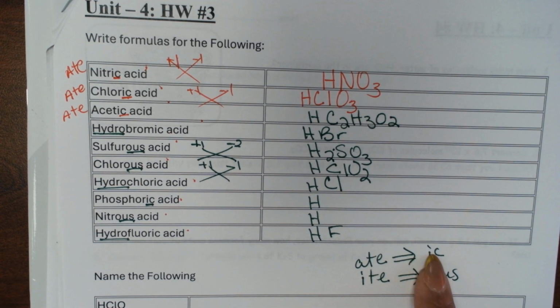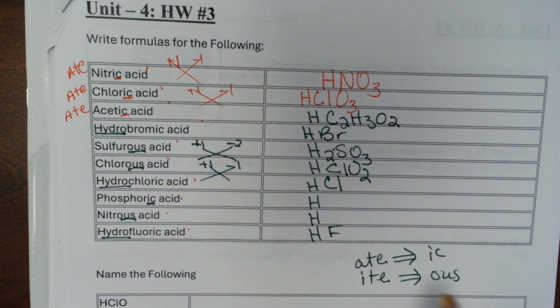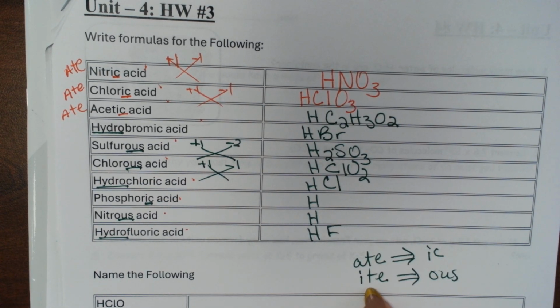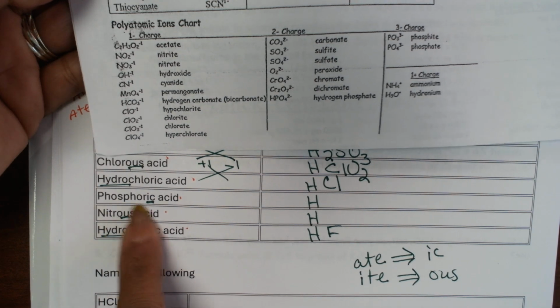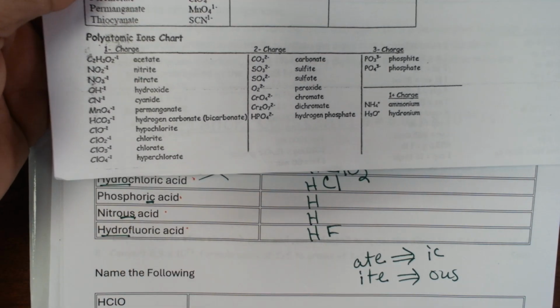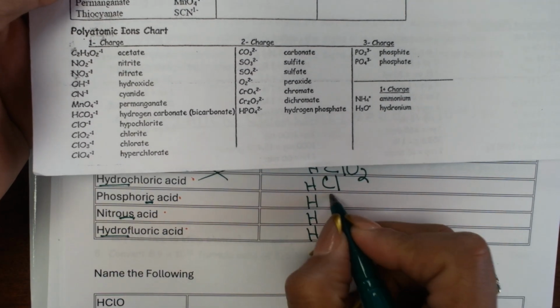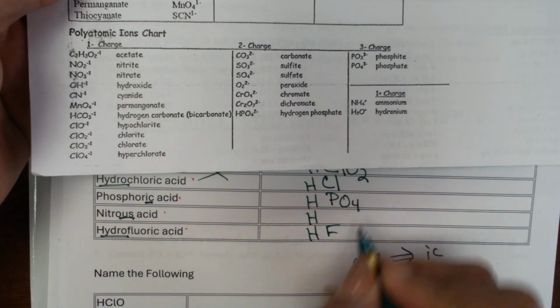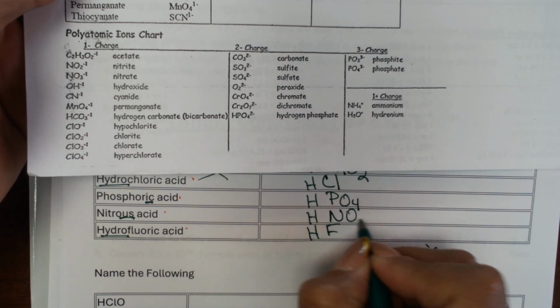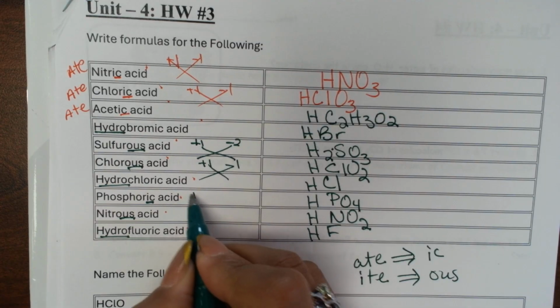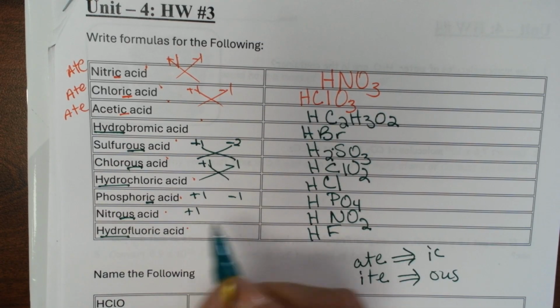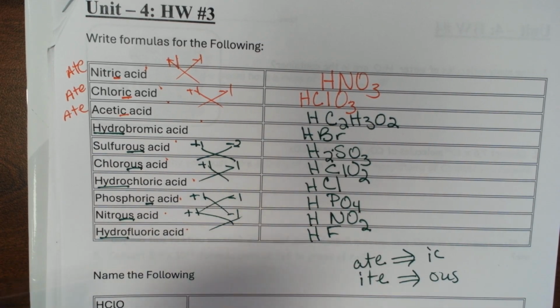IC means that it originally was an ATE, and OUS means originally it was an ITE. So I need to see which one that is. This is going to be PO4, and this one is NO2. They're actually a +1, -1, +1, -1, crisscross those over as well.